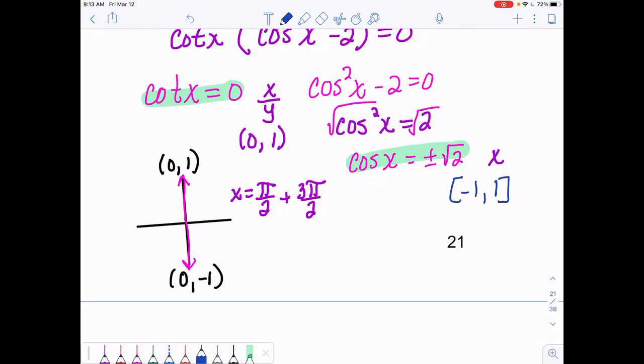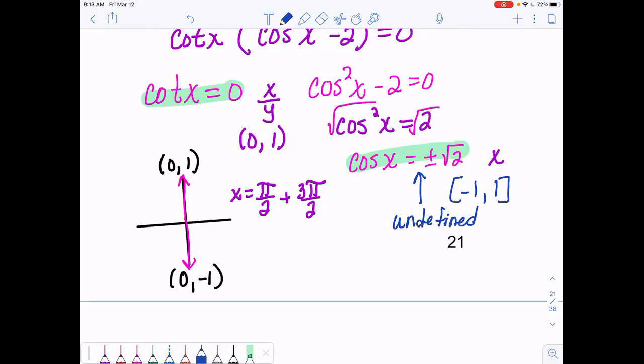Hayden, what's wrong with the square root of 2? It's bigger than 1. So that means this part of the function is undefined because it's bigger than 1. So the fact that the cosine is equal to positive or negative root 2 is not an answer.